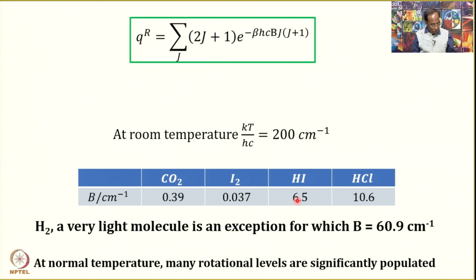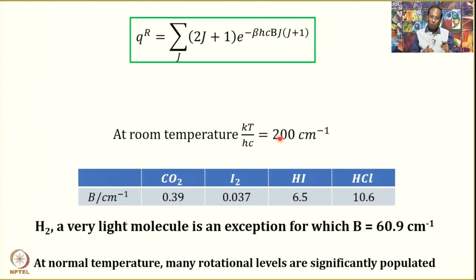However, when the rotational constant becomes close to kT by hc, for example in the case of hydrogen, a very light molecule, this is an exception, because B of 60.9 compared to 200 cannot be ignored immediately.